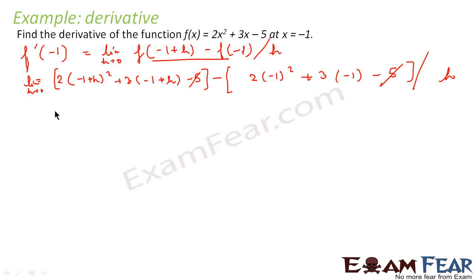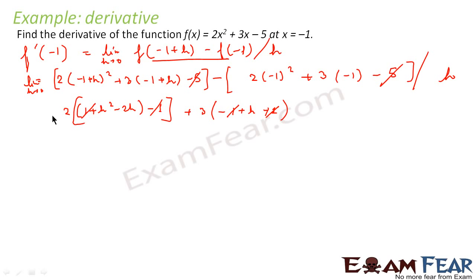So this becomes 2 into 1 plus h square minus 2h, correct, and this becomes, I'll take 2 common here, minus 1 plus 3 into minus 1 plus h minus 1, minus and minus is plus 1 here. So minus 1 plus 1 cancels, and minus 1 plus 1 cancels.